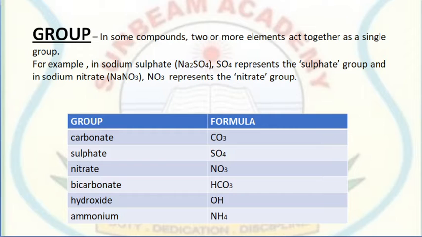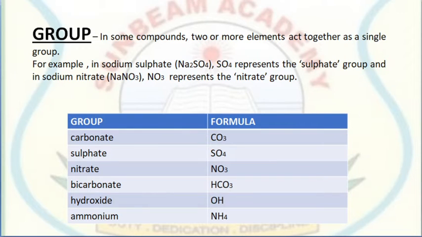Now, the groups. In some compounds, two or more elements act together as a single group. For example, in sodium sulfate, SO4 represents the sulfate group, and in sodium nitrate, NO3 represents the nitrate group.